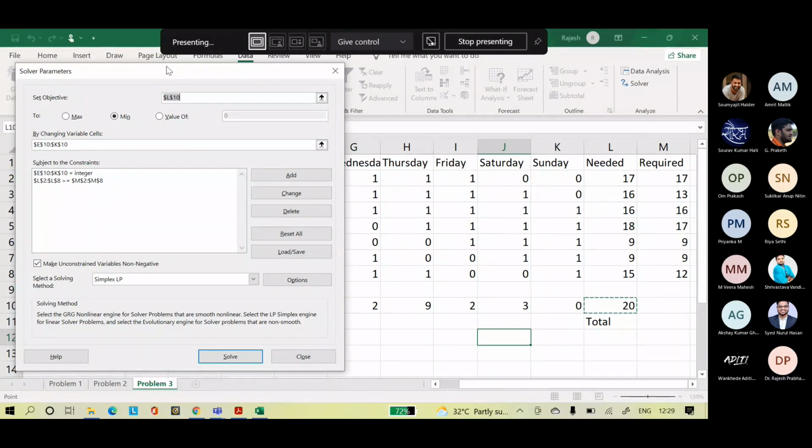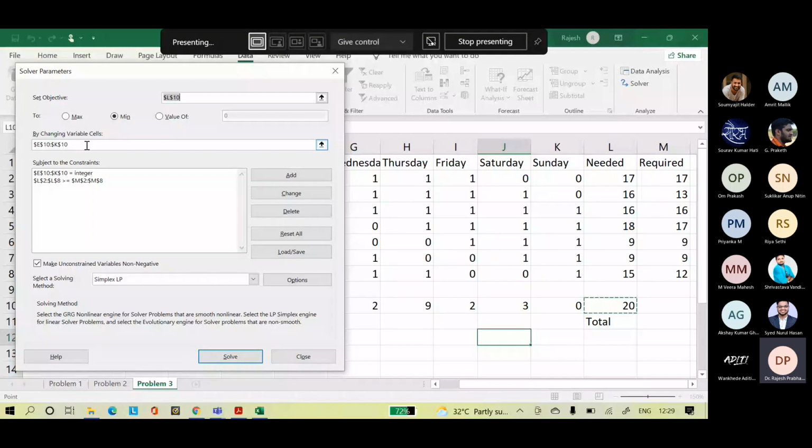Sir, which cells have to be integer? These cells, the changing cells. By changing variable cells, those cells you select, and then instead of the symbols, you select int, that's all. The greater than, less than, equal to cell, you click on the drop-down, you will see int.